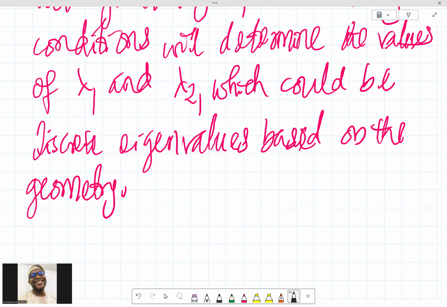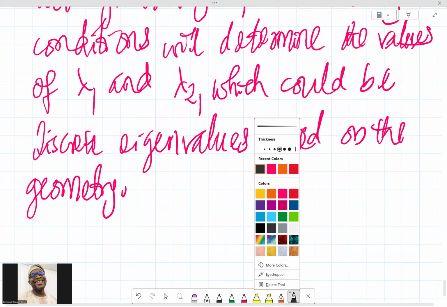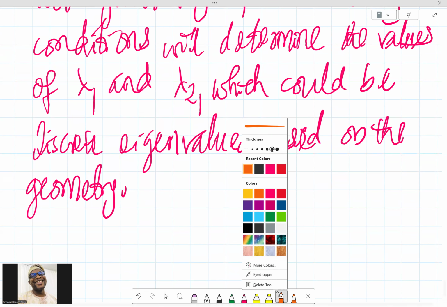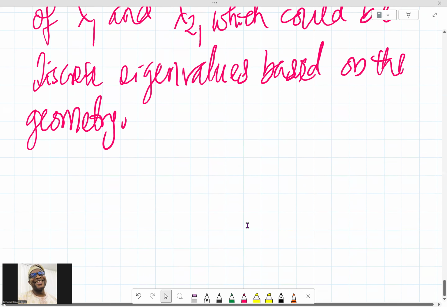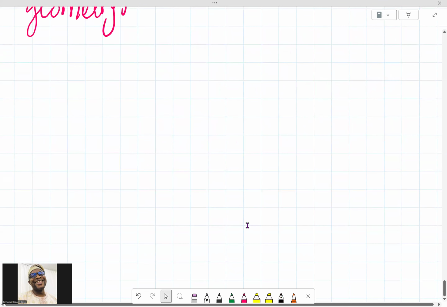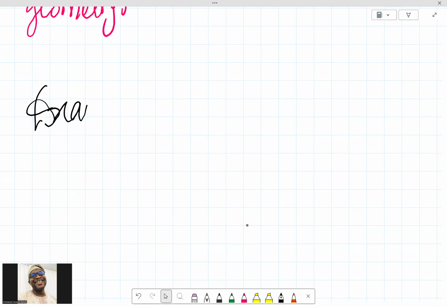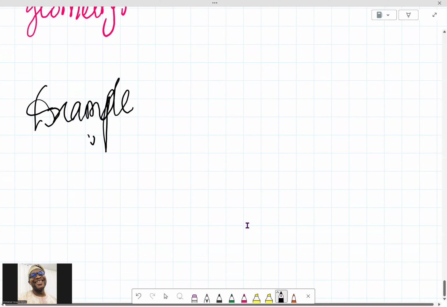Okay, so let's switch now. Example, let's solve the Laplace equation in a one-dimensional rod.